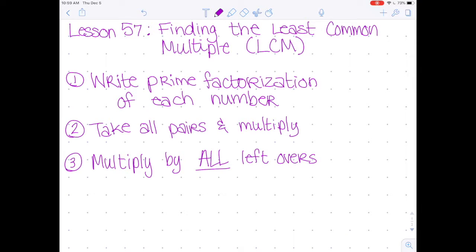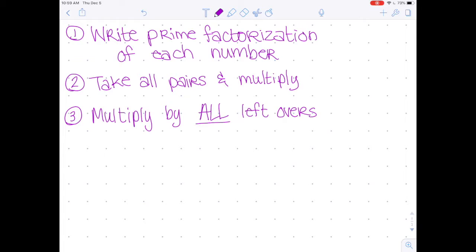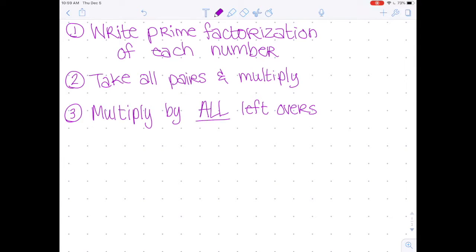Okay, so let's try this out. If we have 24 and 36, we want to find the least common multiple. So over here I'm going to break down 24 and 36. 24 is 12 and 2, 12 is 6 and 2, 6 is 3 and 2.